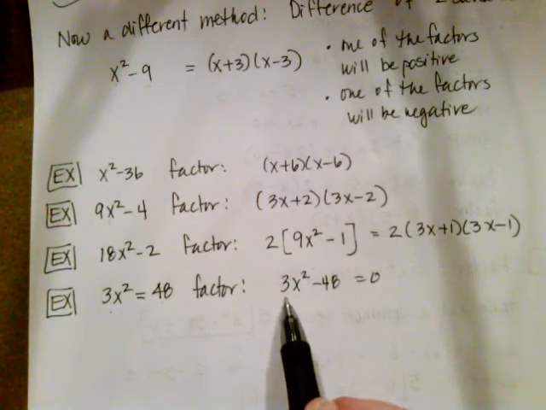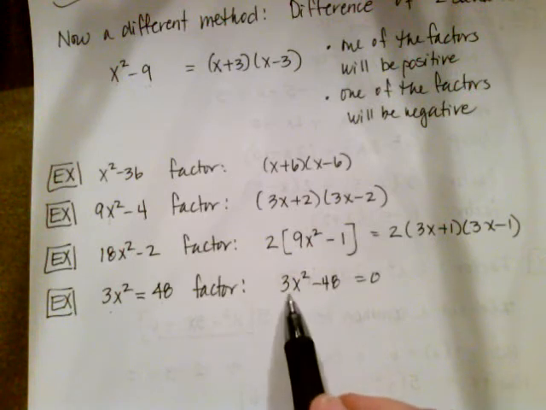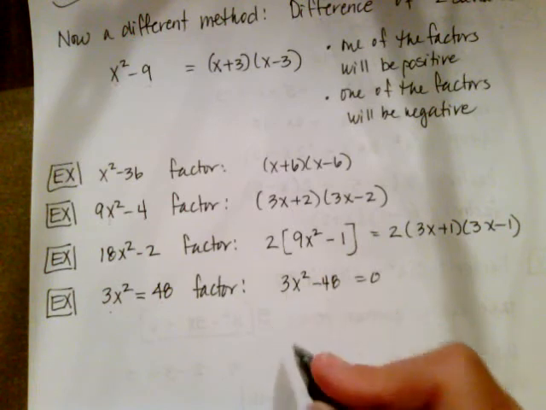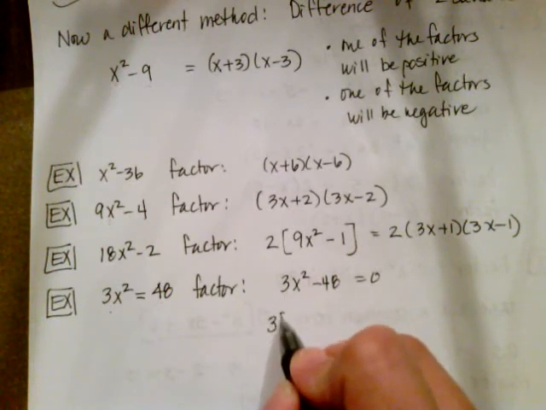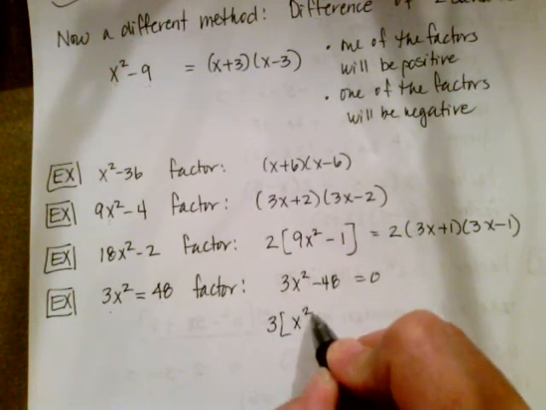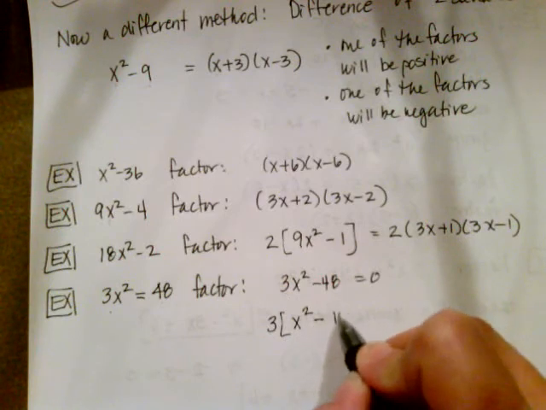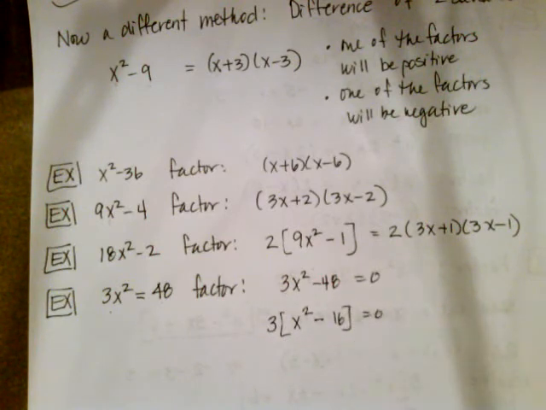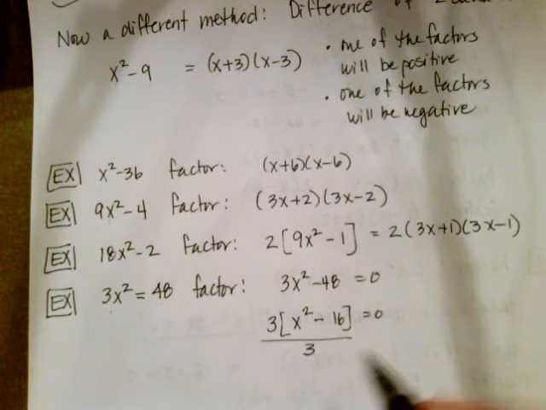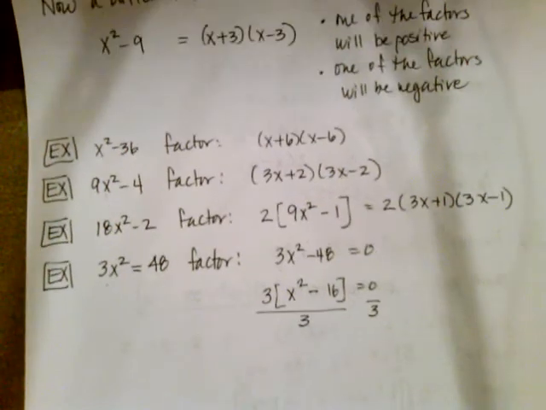I'm tempted to think it's a difference of two squares, but it's not a perfect square, not a perfect square, but it might be if I take out the 3. So I'm going to factor out a 3, and then I'm going to get x squared minus 16 is equal to 0. I can now divide this side of the equation by 3 and this side of the equation by 3.